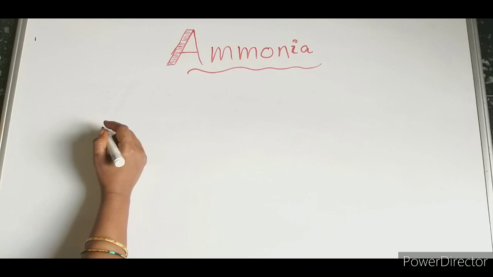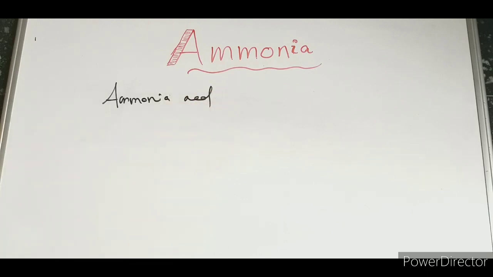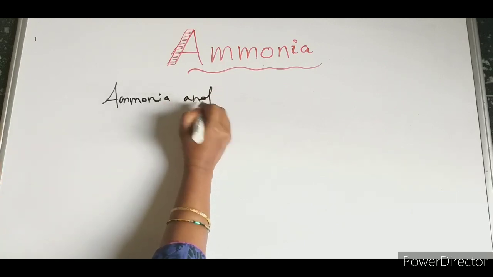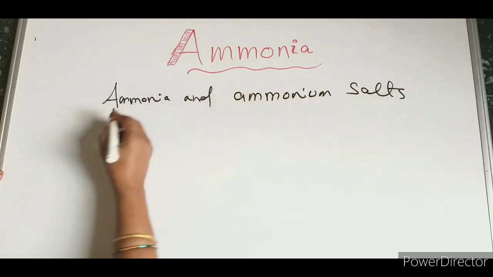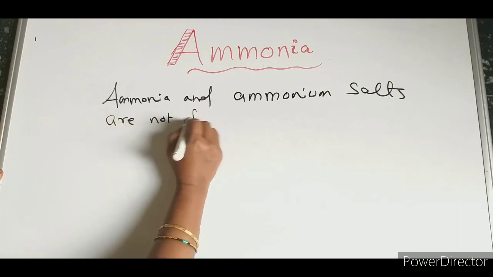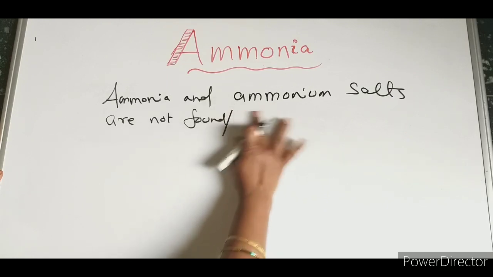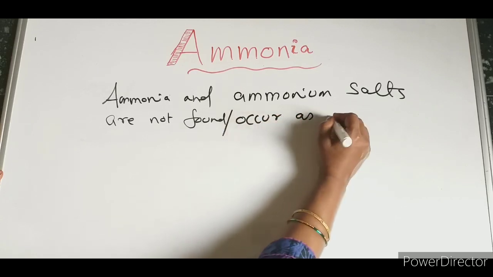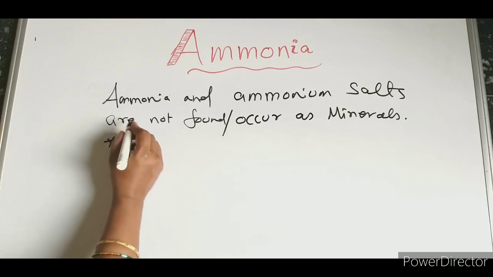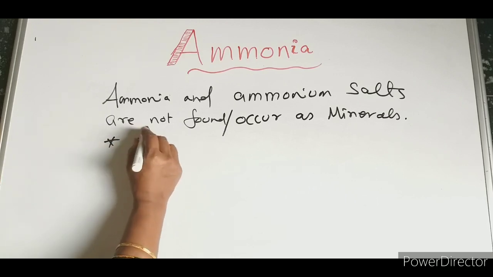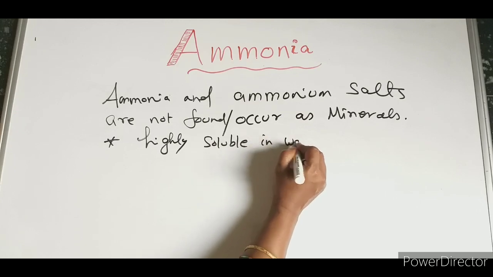Ammonia and ammonium salts are not found as minerals, or you can write, do not occur as minerals, because they are highly soluble in water.